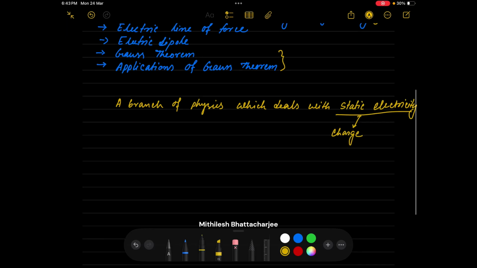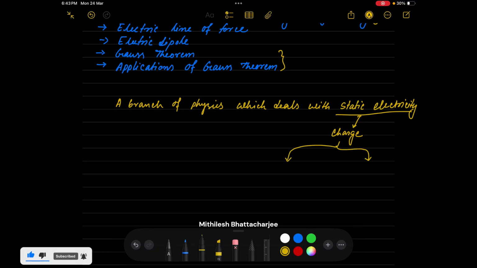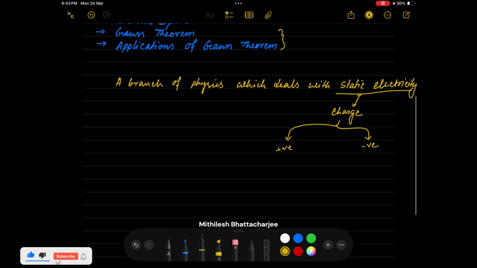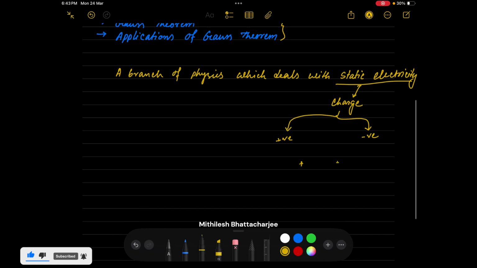Charge. And you all know this from the previous classes. Charges are of two types: one is positive charge and the second one is negative charge. If we put two positive charges, they will repel each other, and if we put one positive and one negative charge, they will attract each other. Okay, so these are the basics, right?